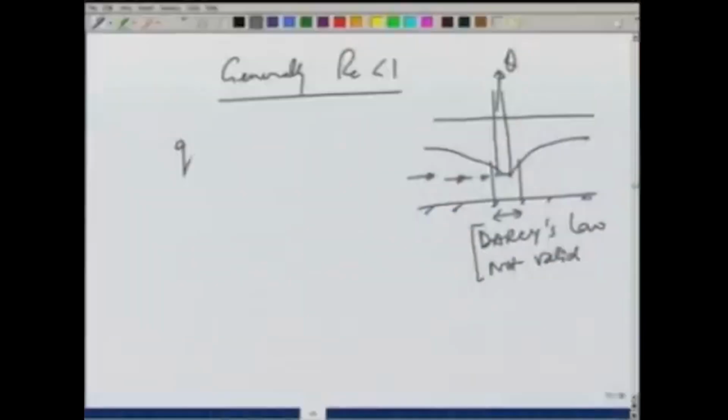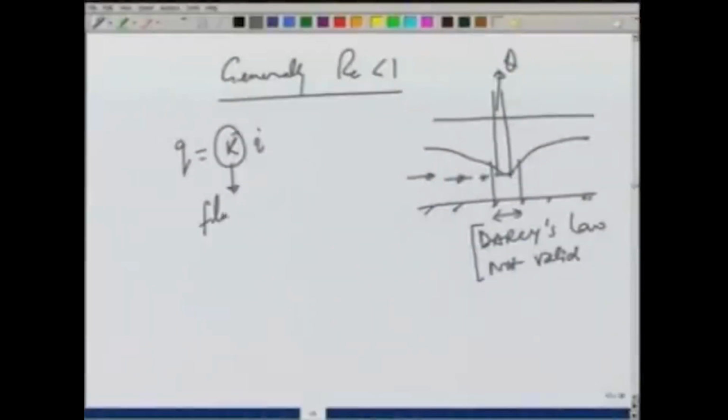So, if we write Q equal to K I, the term K will depend on both the fluid and also the medium. For example, if you have a medium which is fixed, for example, sand, for different fluids the hydraulic conductivity will be different.